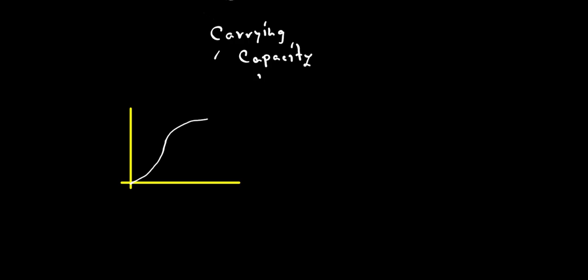And that downturn involves the carrying capacity. So the petri dish has a certain amount of bacteria that it can have, and as the amount of bacteria grows toward that, the growth rate slows down. So this horizontal asymptote here is the carrying capacity.